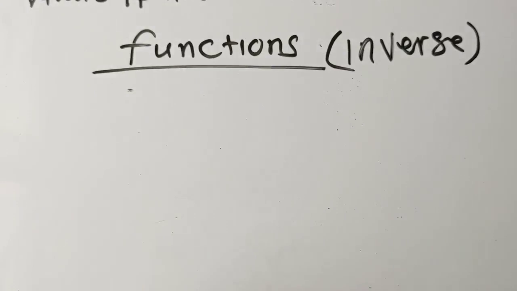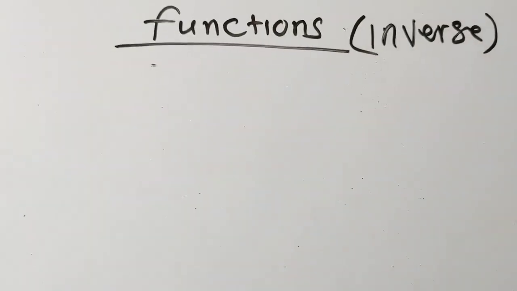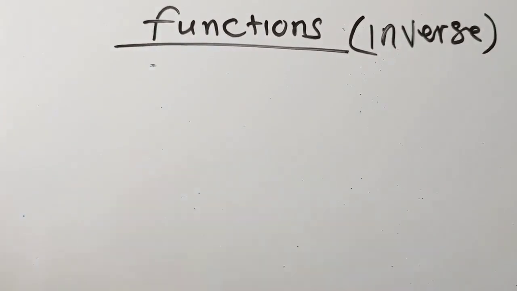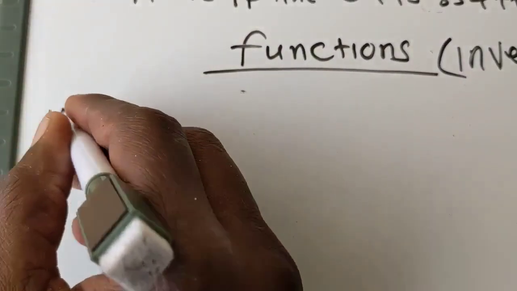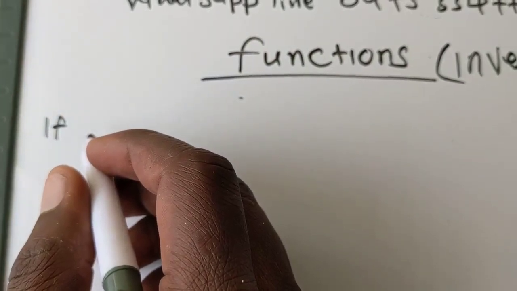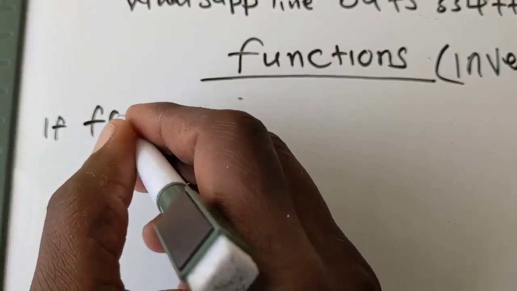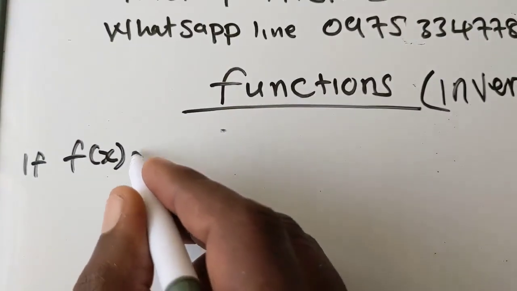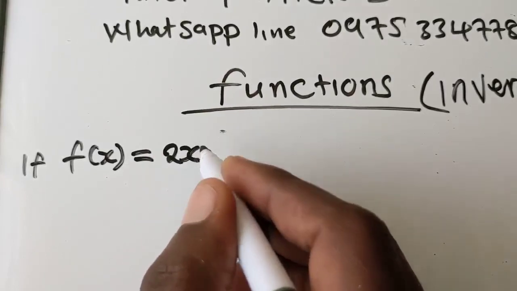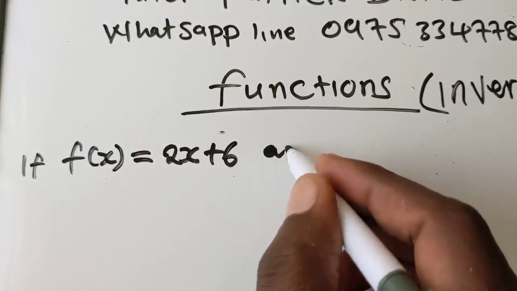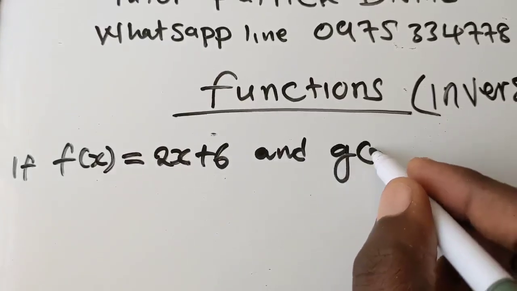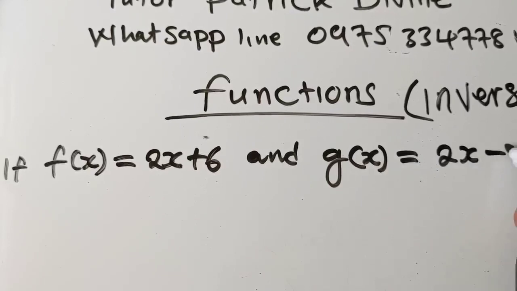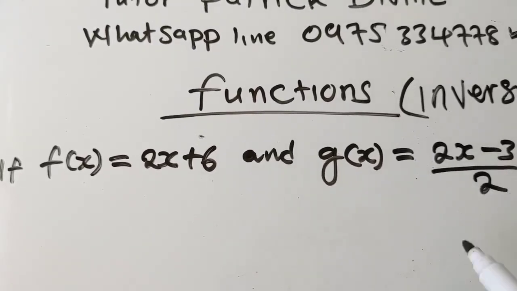The question is saying that if f of x is equal to 2x plus 6, like that, and g of x is equal to 2x minus 3, divided by 2, like that.